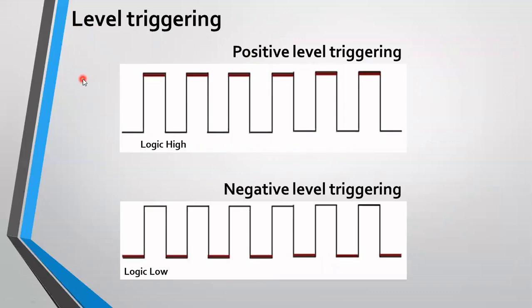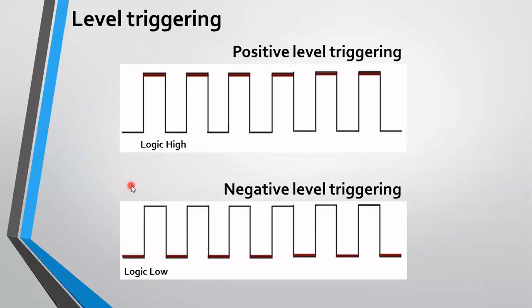Now, there are two types of triggering mechanism: positive level triggering and negative level triggering. In positive level triggering, the chip will be enabled at logic high. But in negative level triggering, the chip will be enabled, or we get an output, only when the logic level is low.